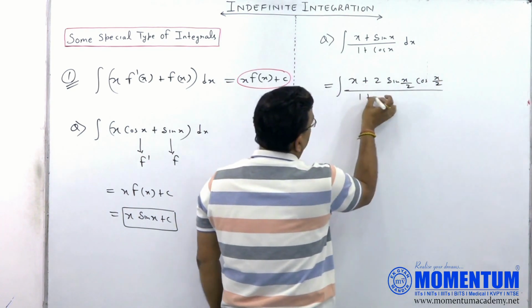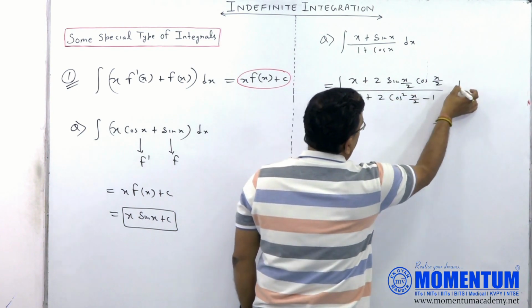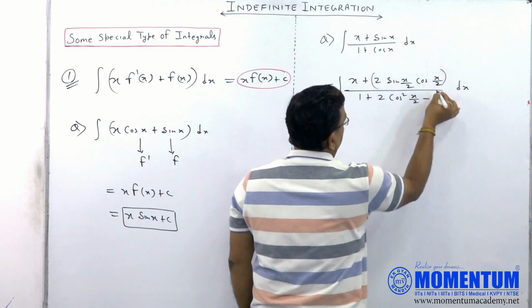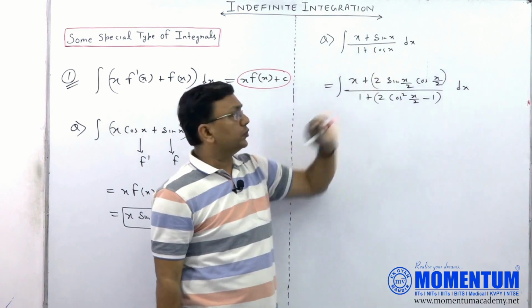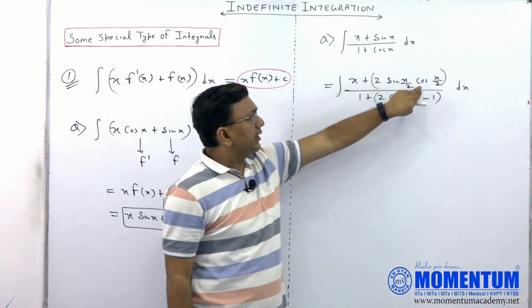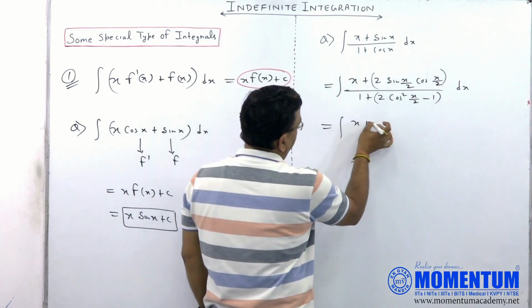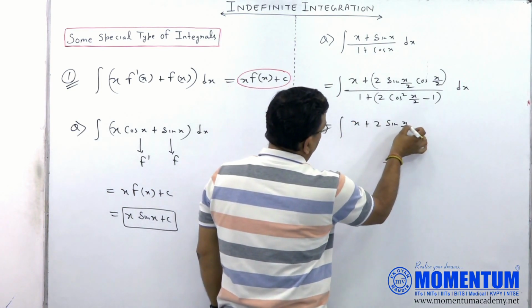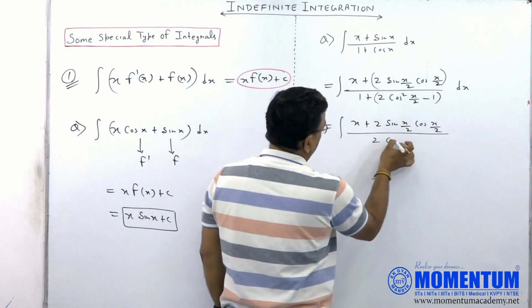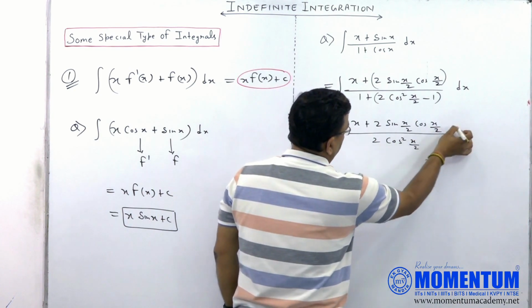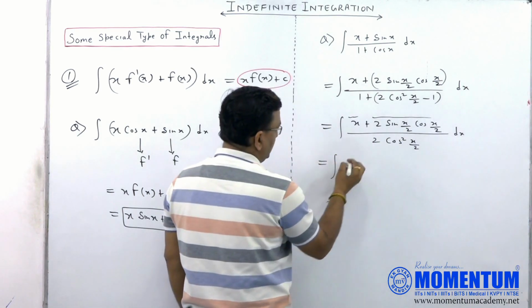In the denominator, cos of x as 2 cos square x by 2 minus 1. What I have used? I have used formula of sin 2 theta and cos 2 theta. So now it is x plus 2 sin x by 2 cos x by 2 whole divided by 2 cos square x by 2.